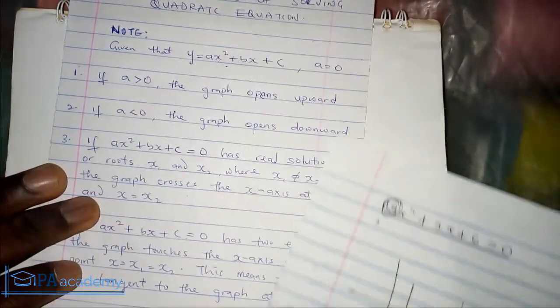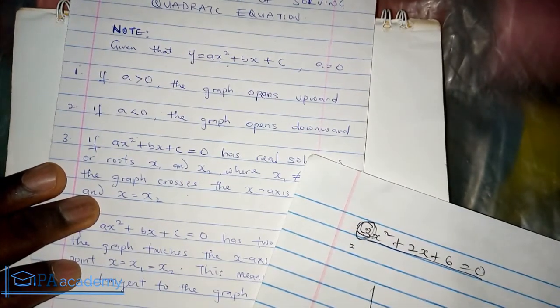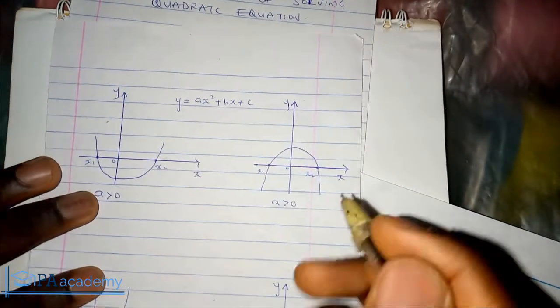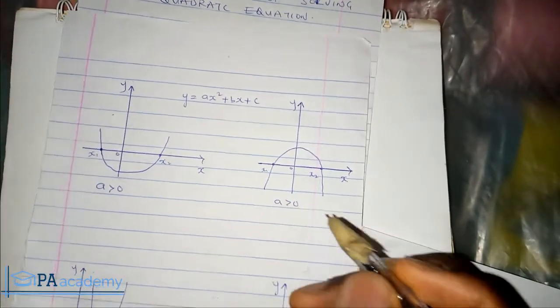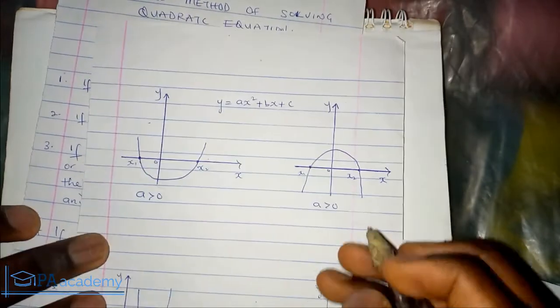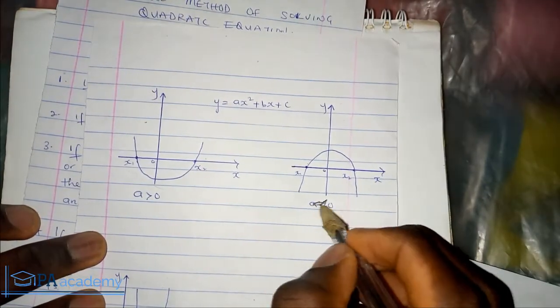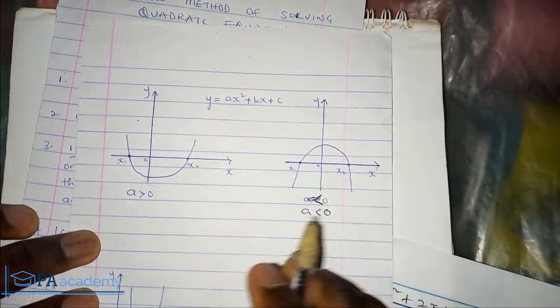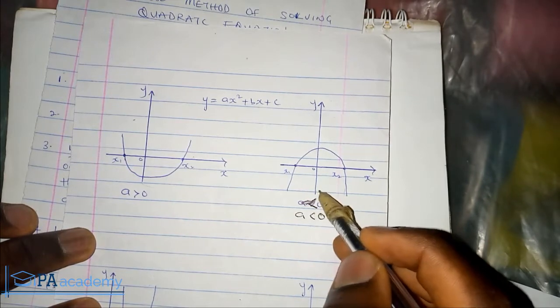If a is less than 0, the graph opens downward. For an equation like that, your graph is going to look like this. Let me write it: if a is less than 0, this is how the graph will look. It will open downwards.